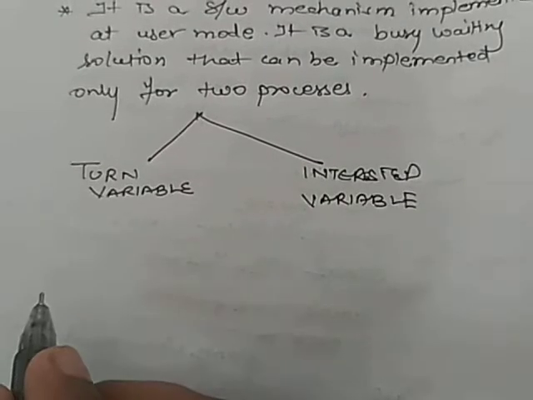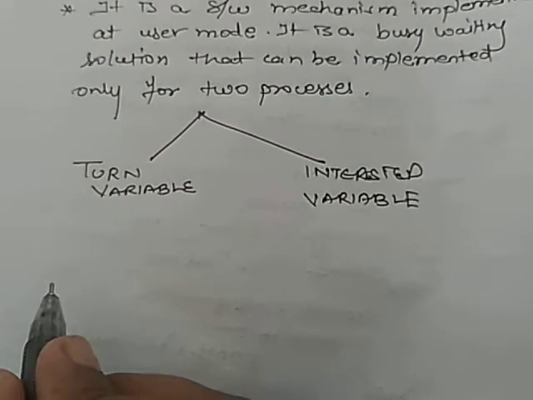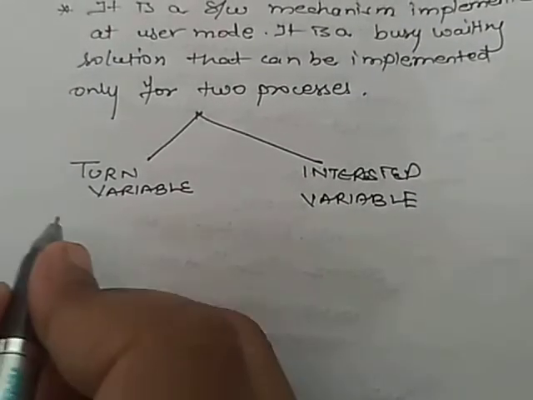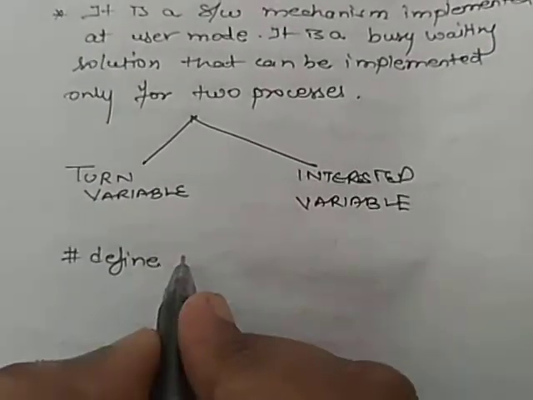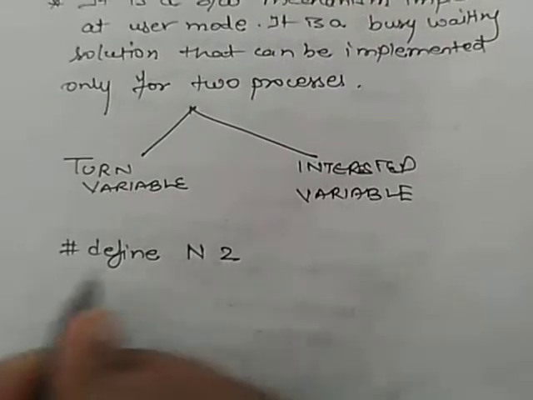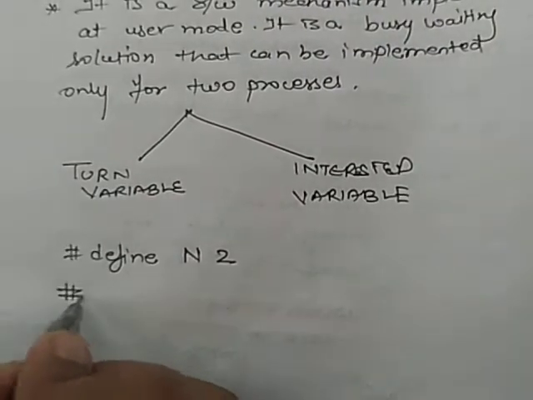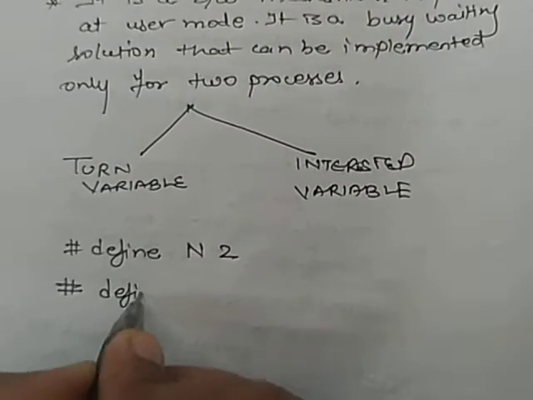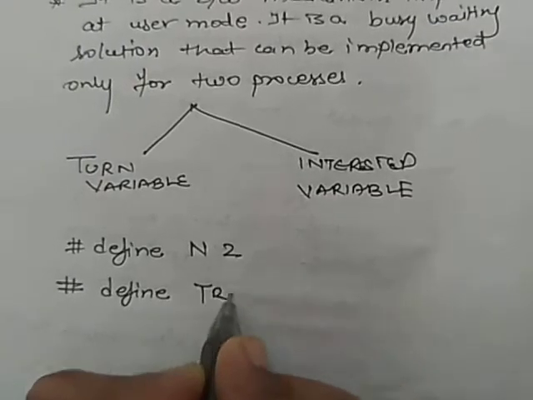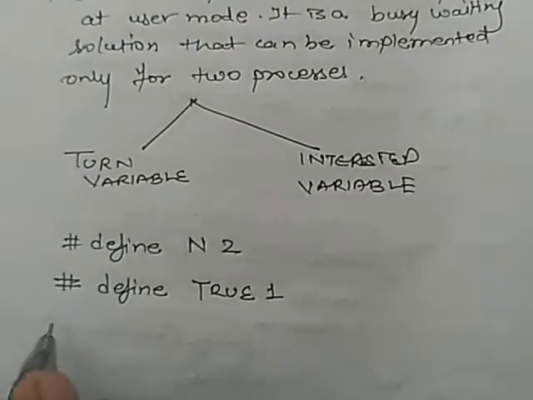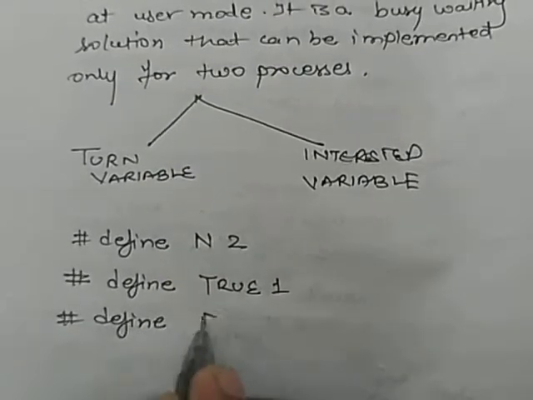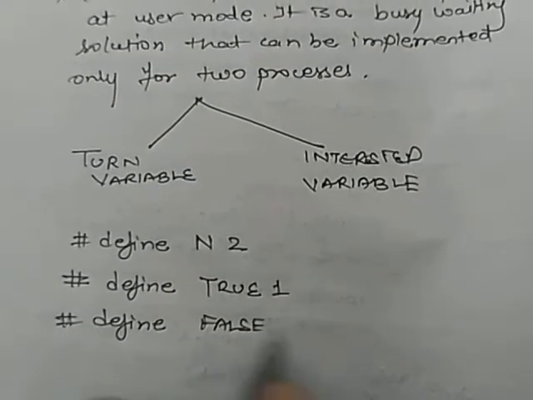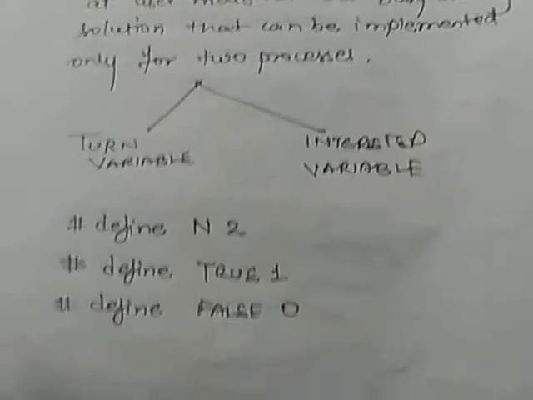Now the code for Peterson solution is given below. First we have to define a constant N whose value is 2. Then we have taken a TRUE variable whose value is 1, and we have taken a boolean variable FALSE whose value is 0.